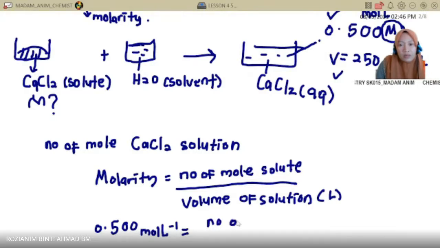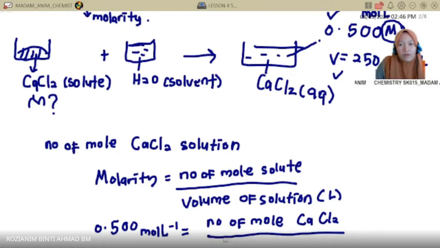So the number of mole solute calcium chloride over volume of solution already given 250 ml. So careful when you substitute into the formula, we must convert into the liter. So mean divide by 10 to the power of -3 here. So they convert in liter.